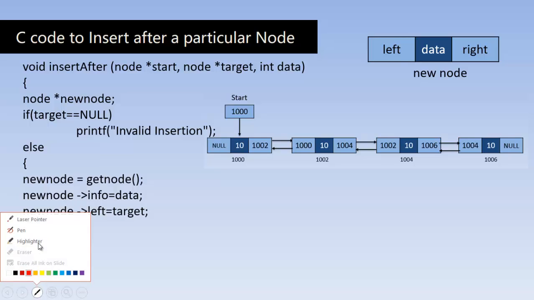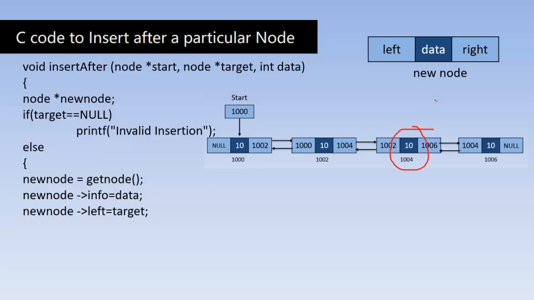Let us suppose this is our target node, after which I'm going to insert this new node. So the address of this node will be stored in the left link of the new node. So that means the left link is now pointing to this node.